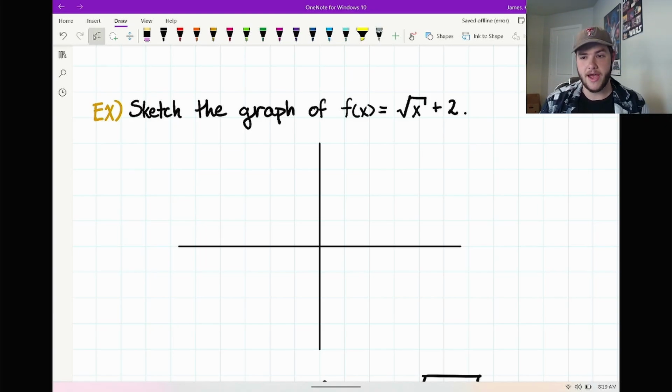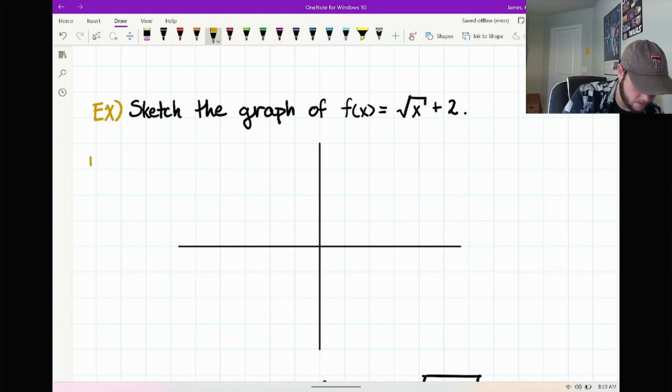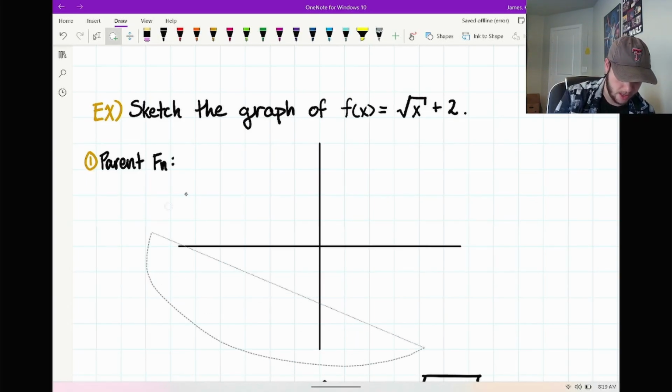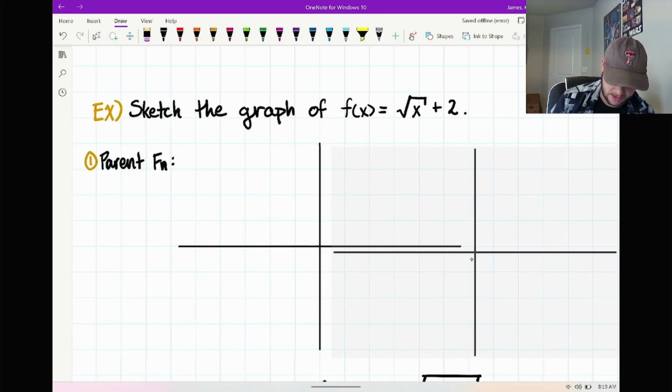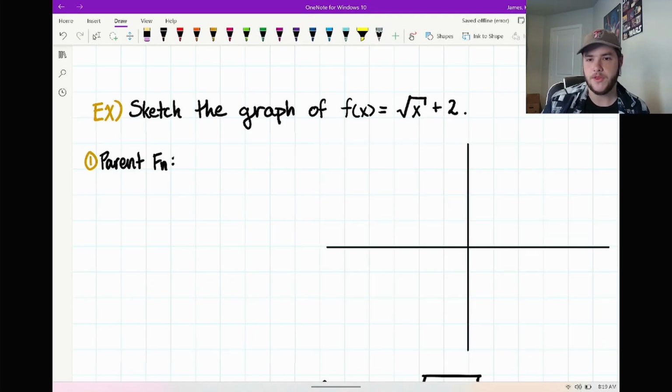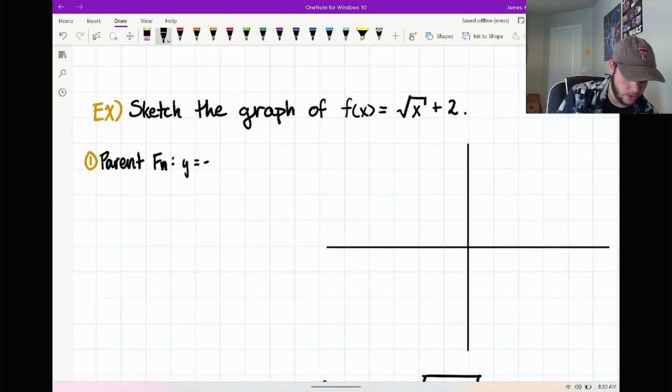Let's sketch the graph of f of x equals root x plus 2. The very first step that I like to do with these problems is, first of all, what is the parent function? For this problem, that would be y equals root x.